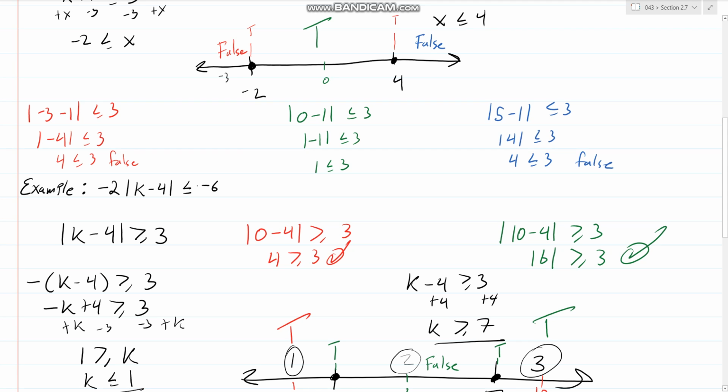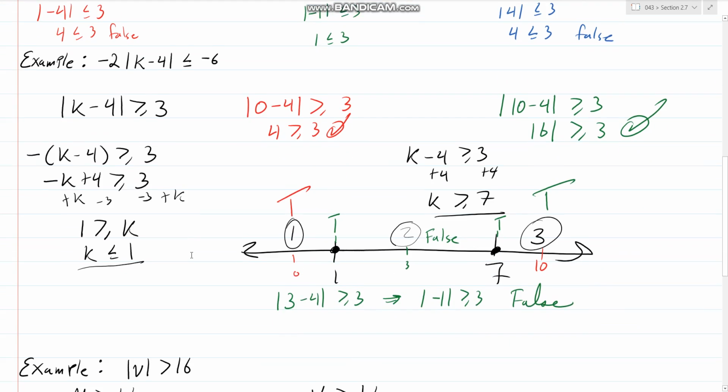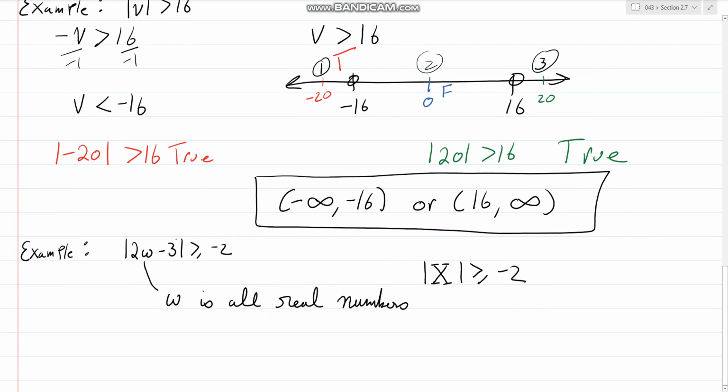Now, we're talking about if the absolute value is isolated, if it's totally isolated, and then it says the opposite is greater than a -6, then that's when it's all real numbers, okay? It's always going to be greater than a negative number, all right?